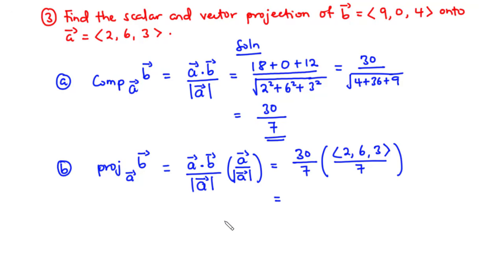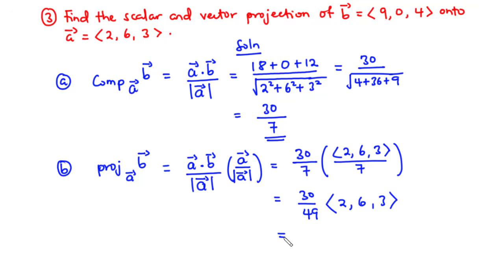Now let's simplify this. This becomes 30 divided by 7 times 7, which is 49. So we have 30 over 49 times vector A, which has components 2, 6, 3.